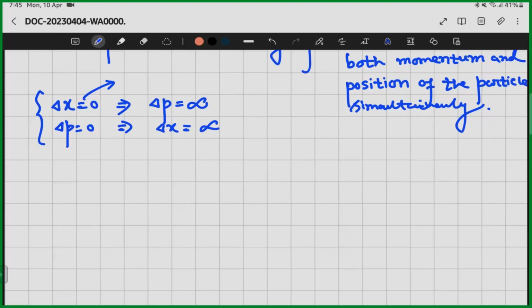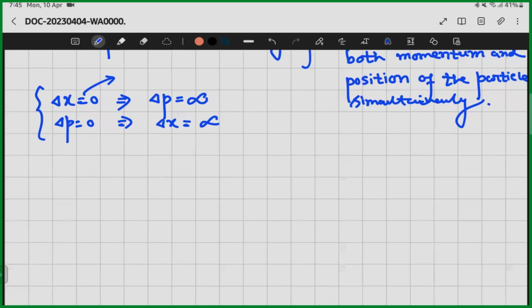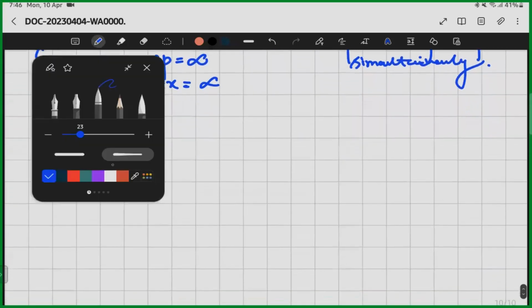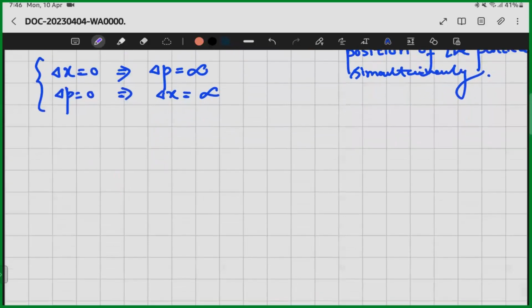That will be infinitely uncertain. It can have a value from 0 to infinity. And similarly, if we try to measure the momentum of the particle precisely without any uncertainty, the position will be totally uncertain. Del x can be infinite. What does it mean? To explain this, we have to consider the wave nature.